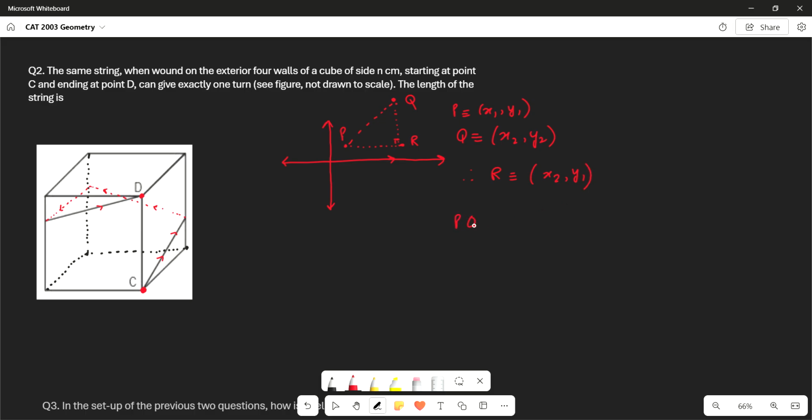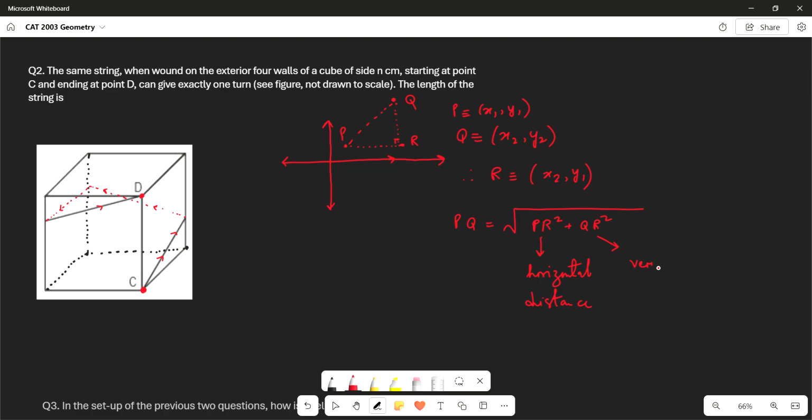So what will be PQ? PQ is equal to under root PR square plus QR square. What is the PR square? PR, basically PR is the horizontal distance. What is QR?